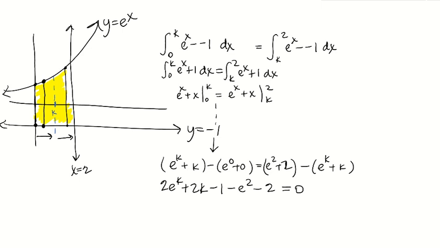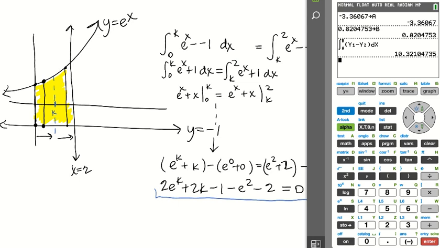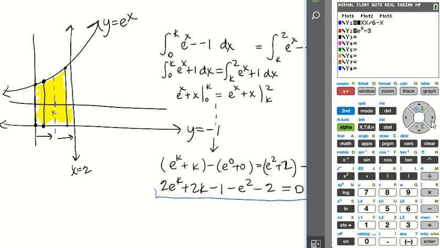So I'm going to take this equation here and solve it using technology. Okay, here's our technology. We're going to go back into y equals. I'm going to get rid of that. We're going to plug in 2e to the k plus 2k minus, I'll do the minus 1 and the minus 2 together, minus 3 minus e to the 2.